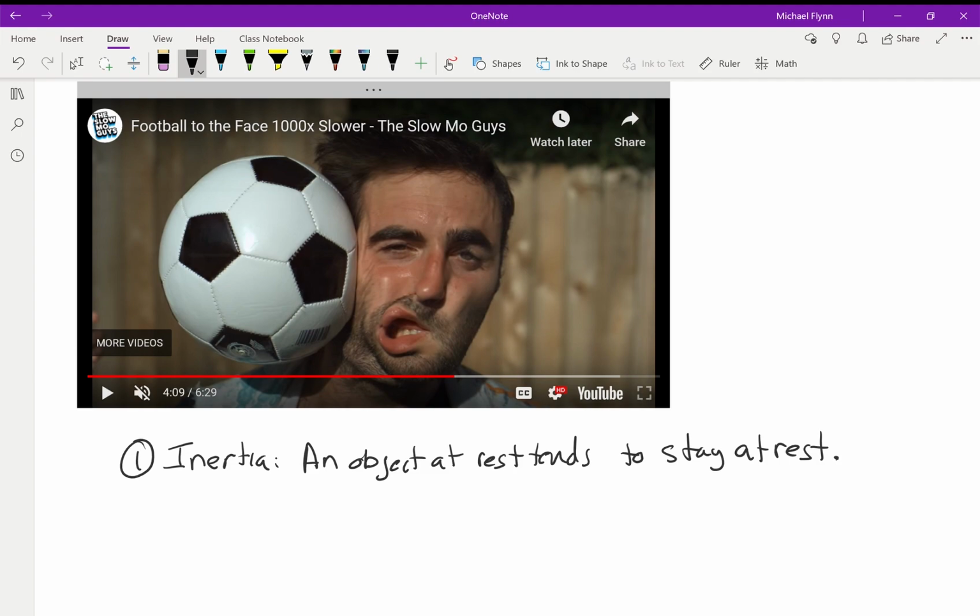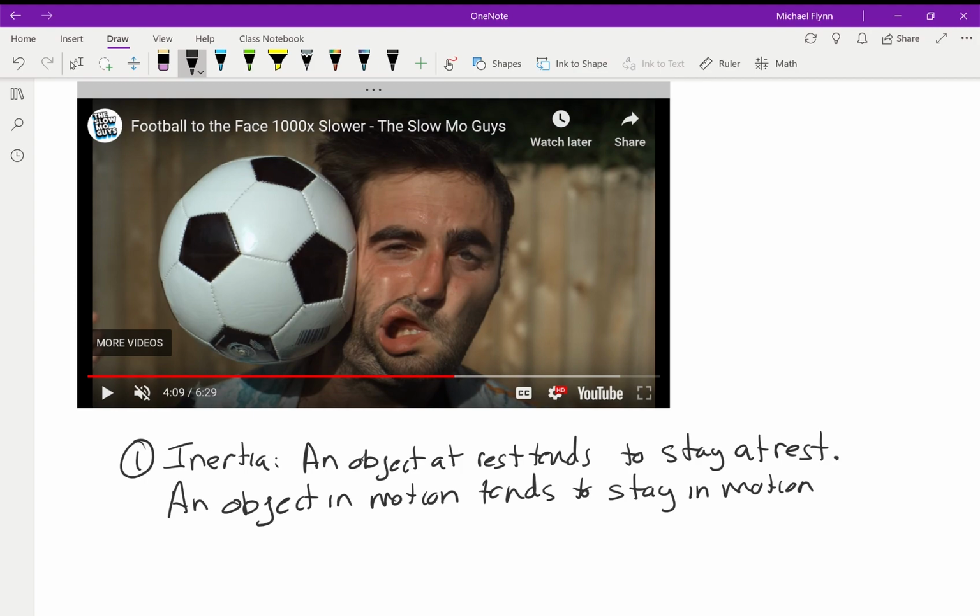Now, there's a second part to this. An object in motion tends to stay in motion. But the key is it's a very specific type of motion. It's a uniform velocity.